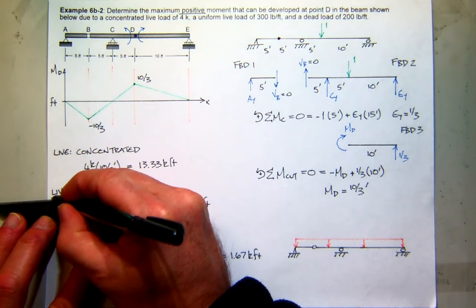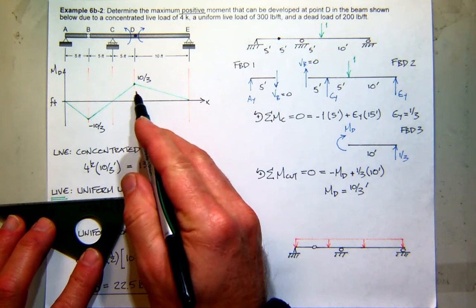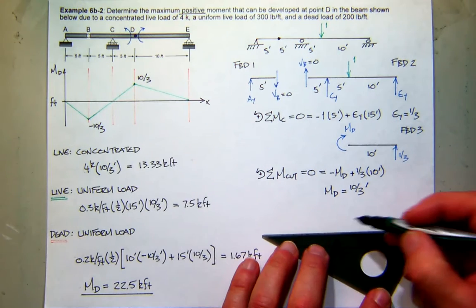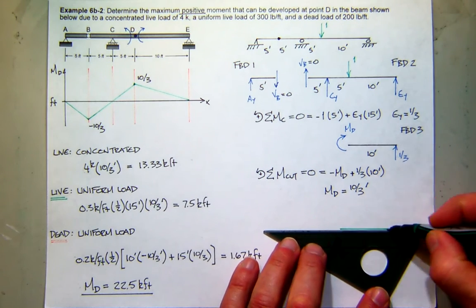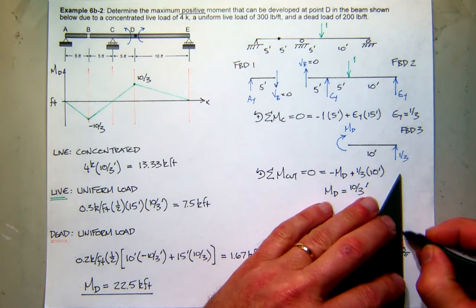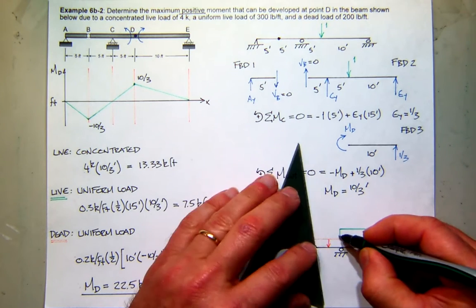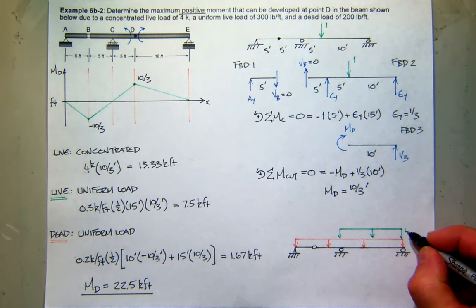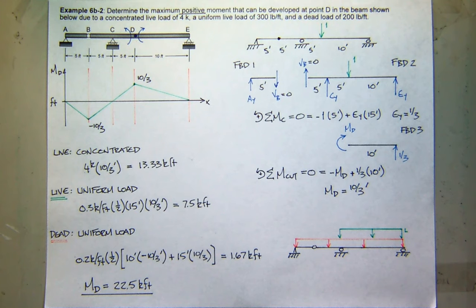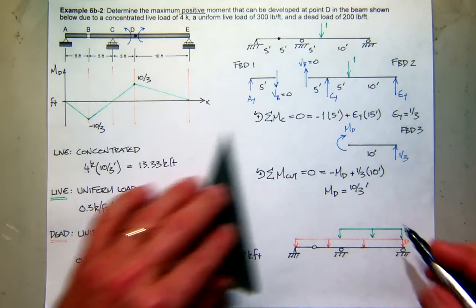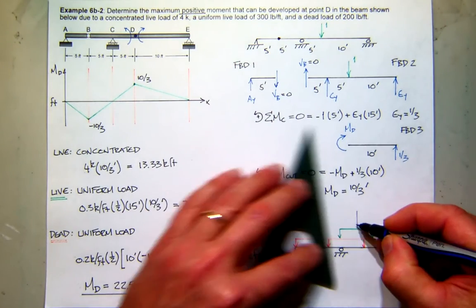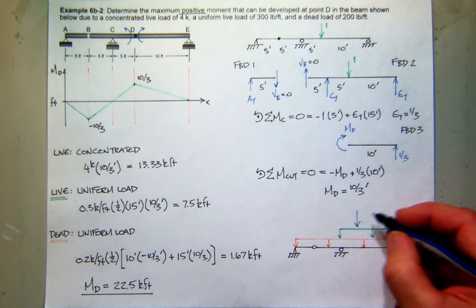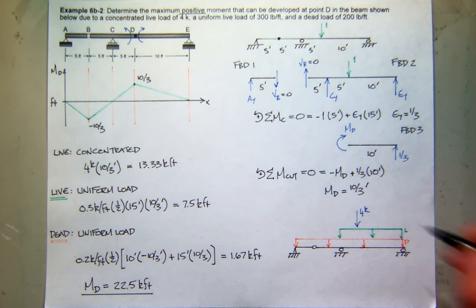The uniform live load only goes from where? From C to the end. So there's the live uniform load. This is the dead load. And then where does my concentrated load go? Right over D, which is right here. So that would be where the 4 kip goes.